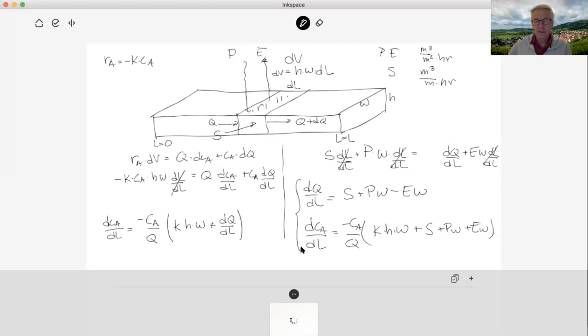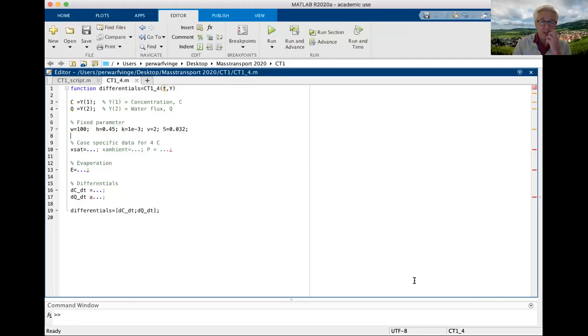So how should these two equations be solved then? Well, they will be solved using a MATLAB script. And I'll stop sharing this and I will just show what you will do in terms of MATLAB. In previous years, there has been a lot of MATLAB programming, but we don't see that as feasible this year.